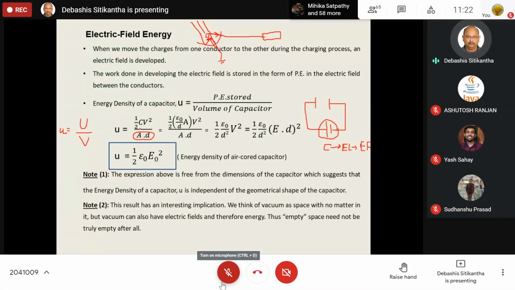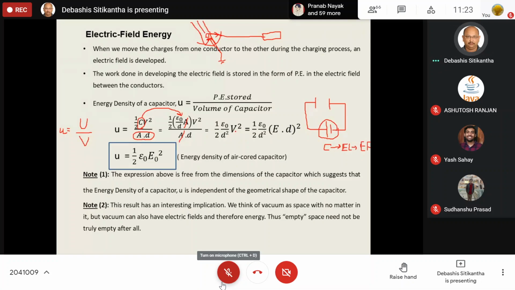Now for a parallel plate capacitor, C is equal to epsilon 0 A divided by D. So I replace C by its expression. Now this A and this A cancel each other because A is not equal to 0. Ultimately what I get is half epsilon 0 V square by D square.